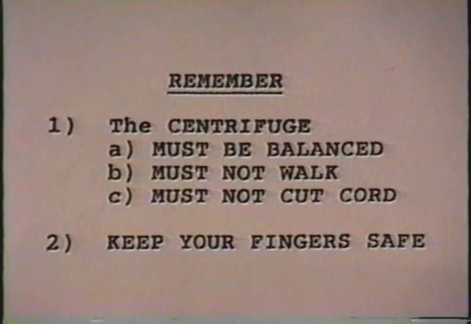In using the centrifuge, remember, make sure it's balanced before you turn it on, and then watch it when it's spinning so it doesn't tend to move around. And don't let the spinning head touch anything, particularly the electrical cord. It can cut it. And finally, watch your fingers.